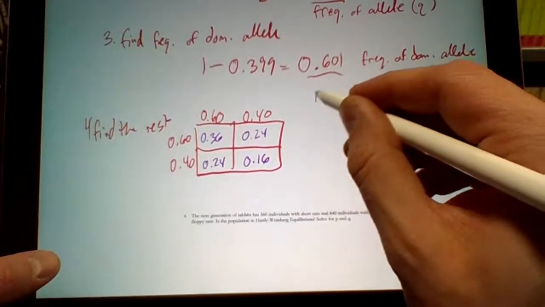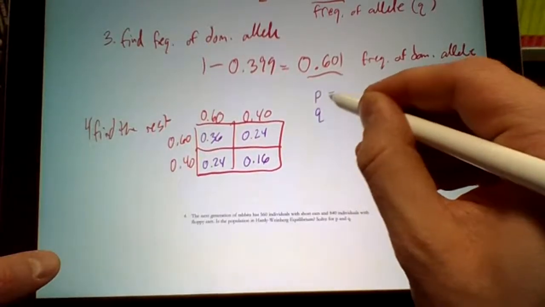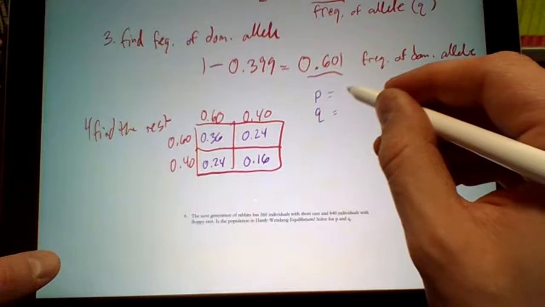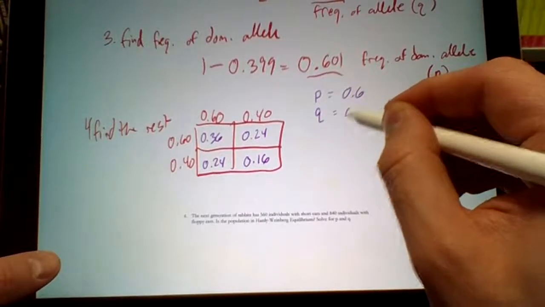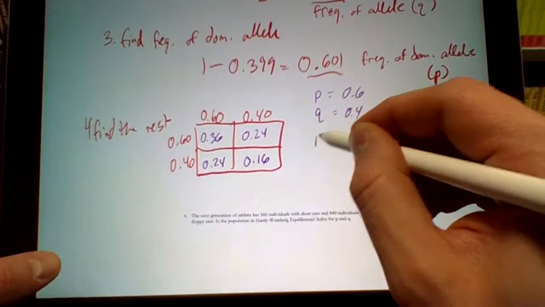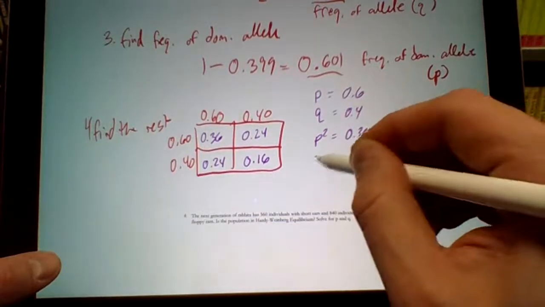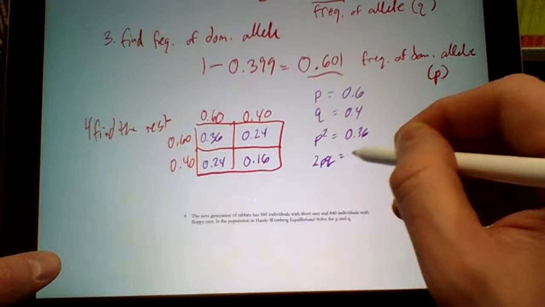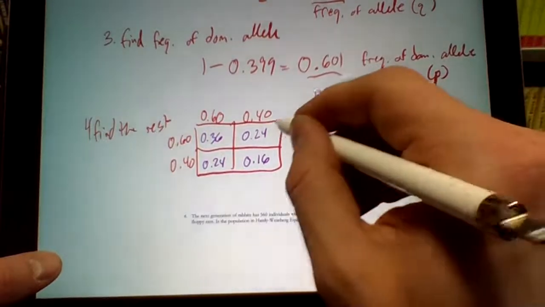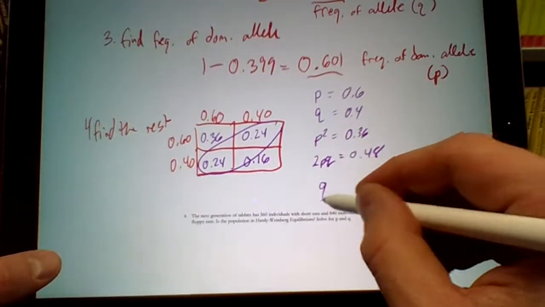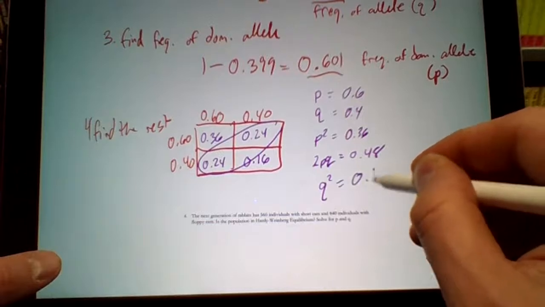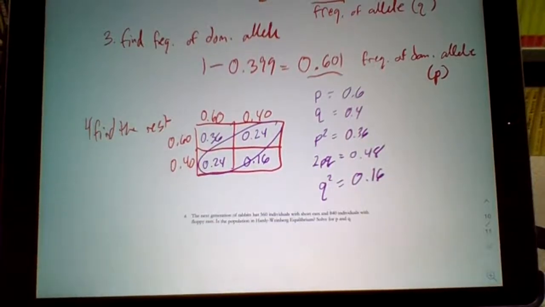You could assemble everything in a nice table. That would be a really great idea. So p is 0.6, q is 0.4, p squared is 0.36, 2pq is 0.48, that's a combination of those, and q squared is 0.16. That would work if you can label them properly.